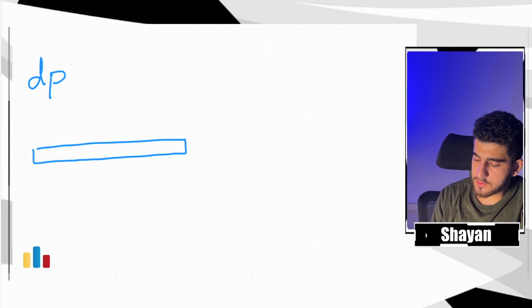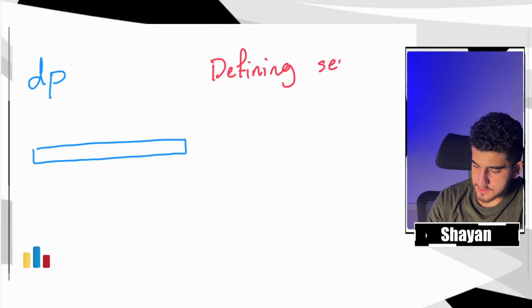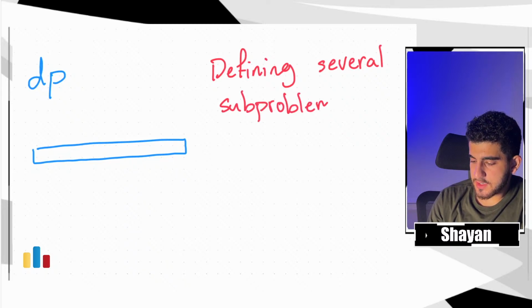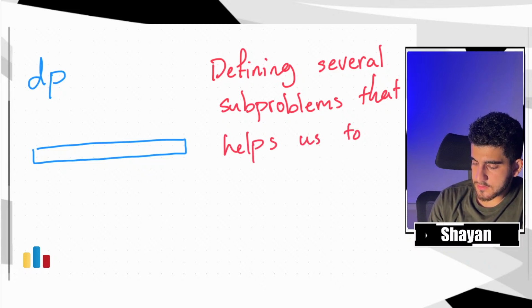We know from the previous session that DP is about defining several subproblems that help us to solve the main problem.